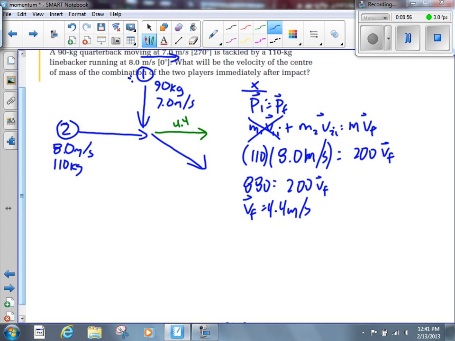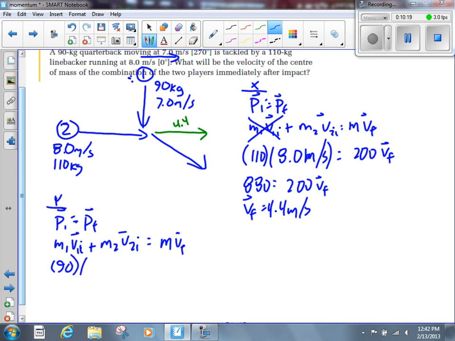Let's say for the y component, once again, pi is equal to pf. Let's say m1 v1i plus m2 v2i equals m vf. M1 is 90 kilograms. What's v1i this time? It's not 0 anymore, is it?